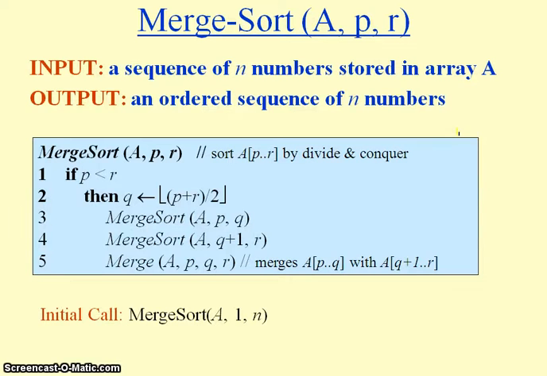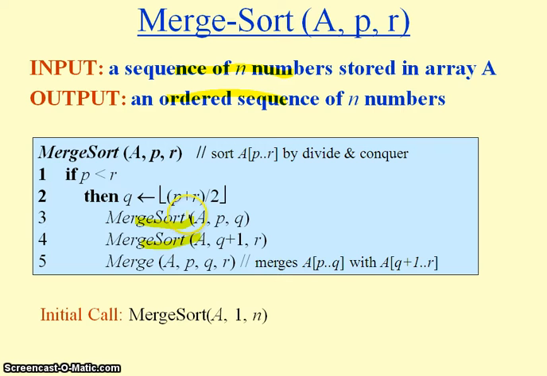So now let us see the implementation of merge sort. The input given to this algorithm is n unsorted numbers in an array A, and the output is an ordered sequence of n numbers. Merge sort has a recursive call for sorting the left half and a recursive call for sorting the right half.